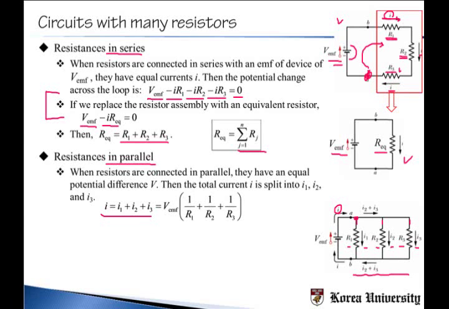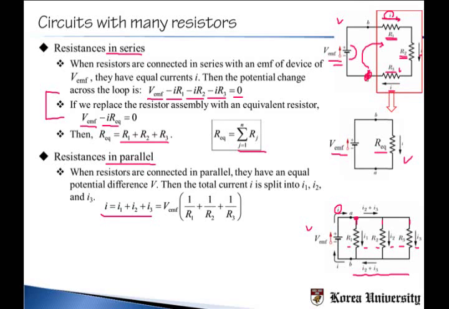And then here, instead of the current, there is a different quantity which is equal between the different resistors. Can you figure out what kind of quantity will be equal among the 3 resistors? That will be the potential difference, because each resistor in this case is directly connected to this EMF device.